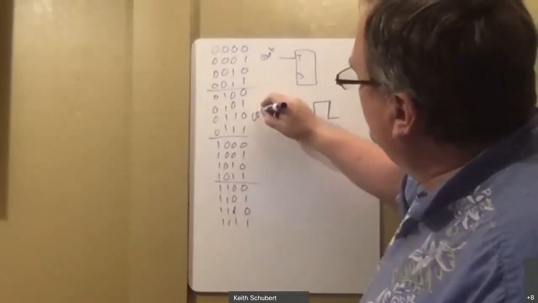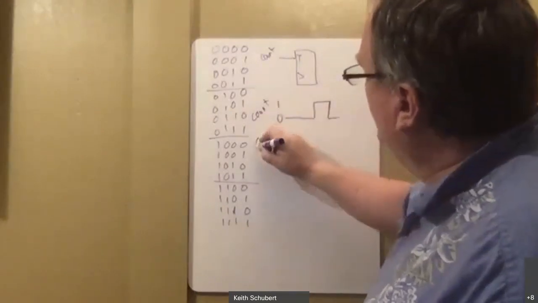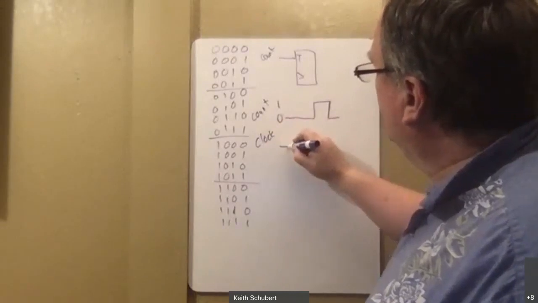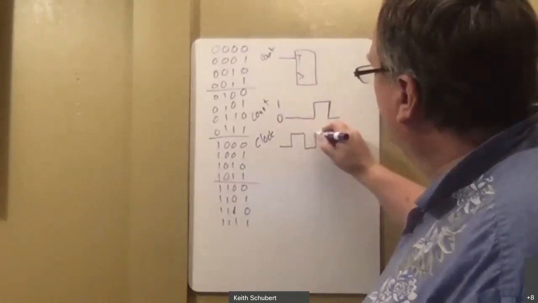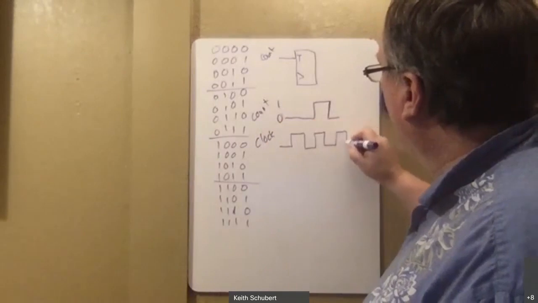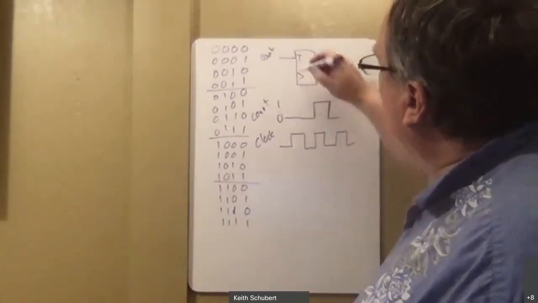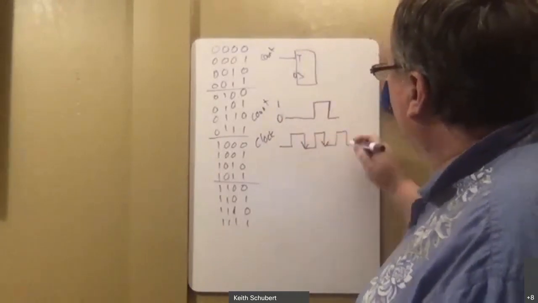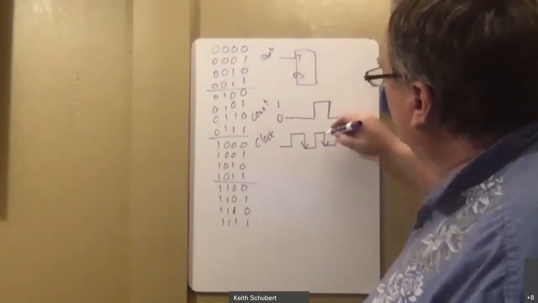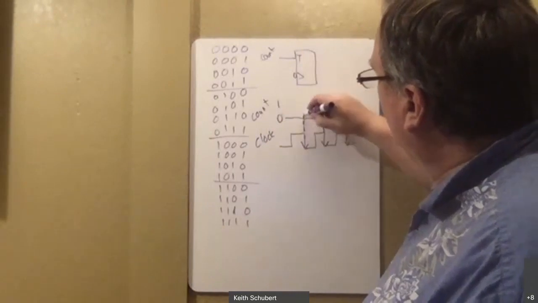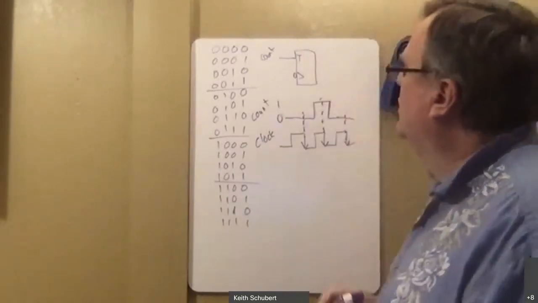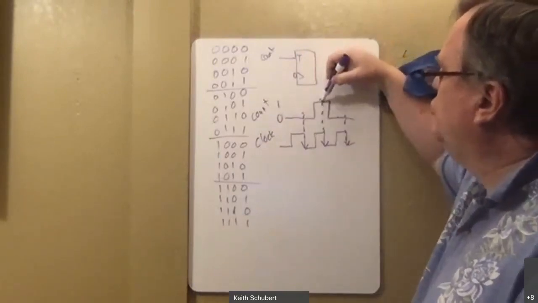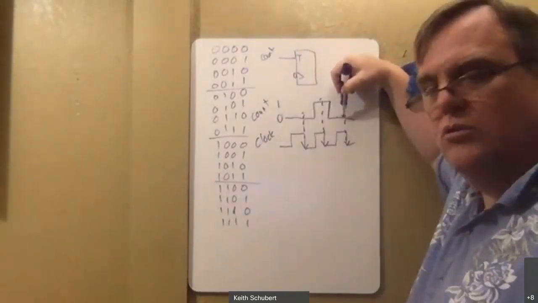So if this is count, the clock signal coming in, let's assume I'm dealing with a negative edge clock because that's common, it'll measure it at each of these time periods. So it'll say, oh, don't count, do count, don't count.